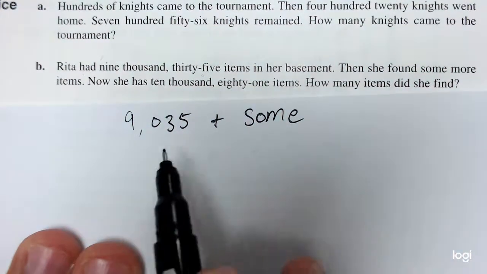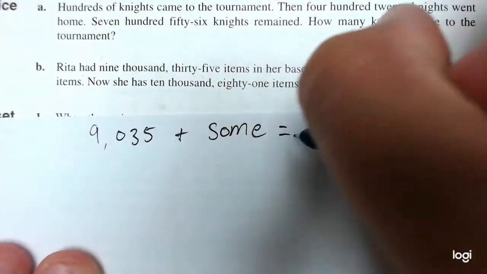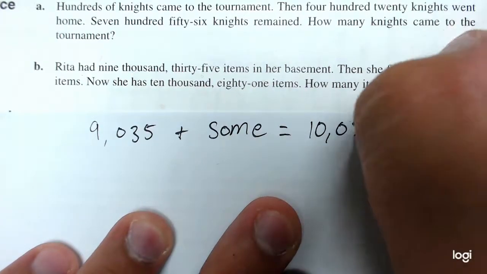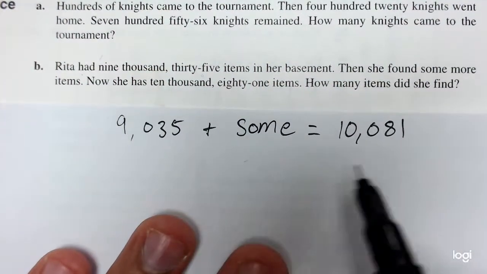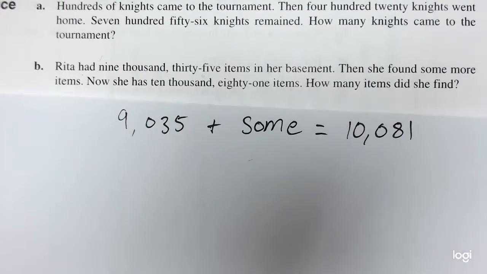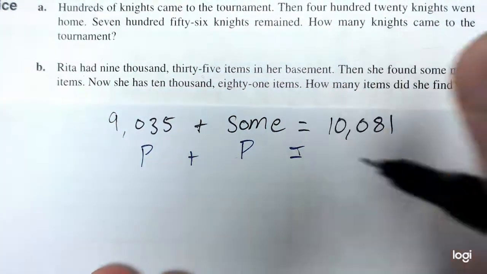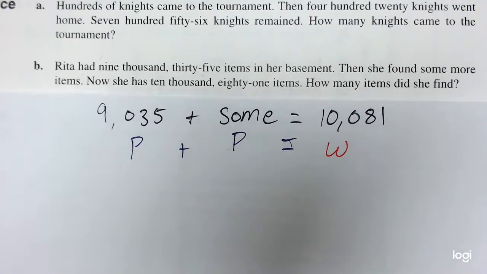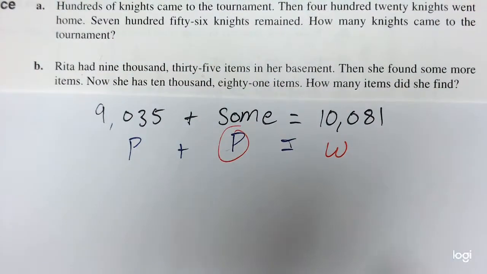So that plus sum, and then it says now she has 10,081 items. So 9,035 plus sum equals 10,081, and that gives us the pattern of part plus part equals the whole. So if I have to find a part, that means I'm going to subtract the other part from the whole.